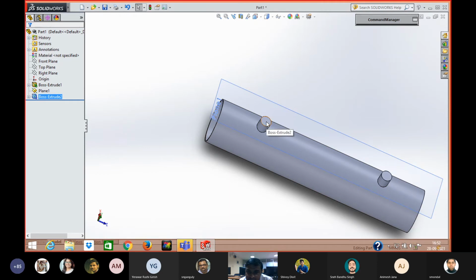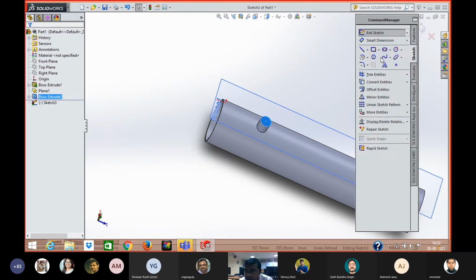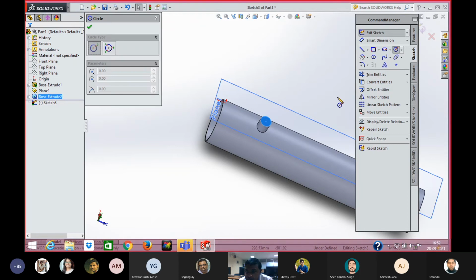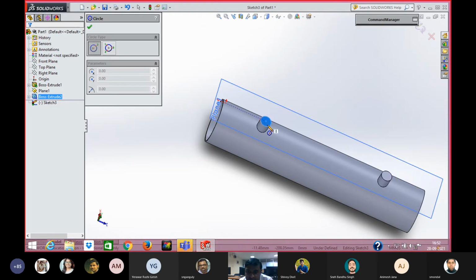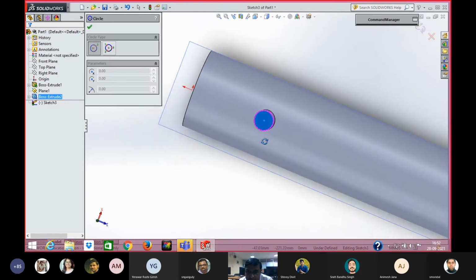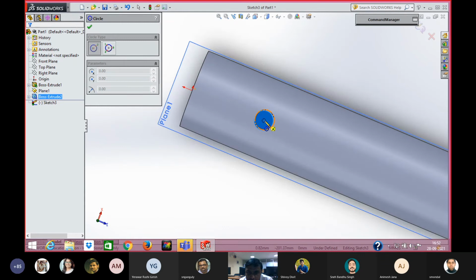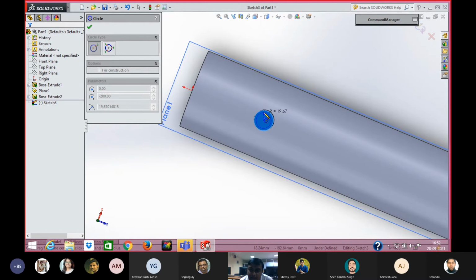So take this surface and go to the sketch. You take this as the 25 mm radius. We can take the thickness of these parts as 2.5 mm.